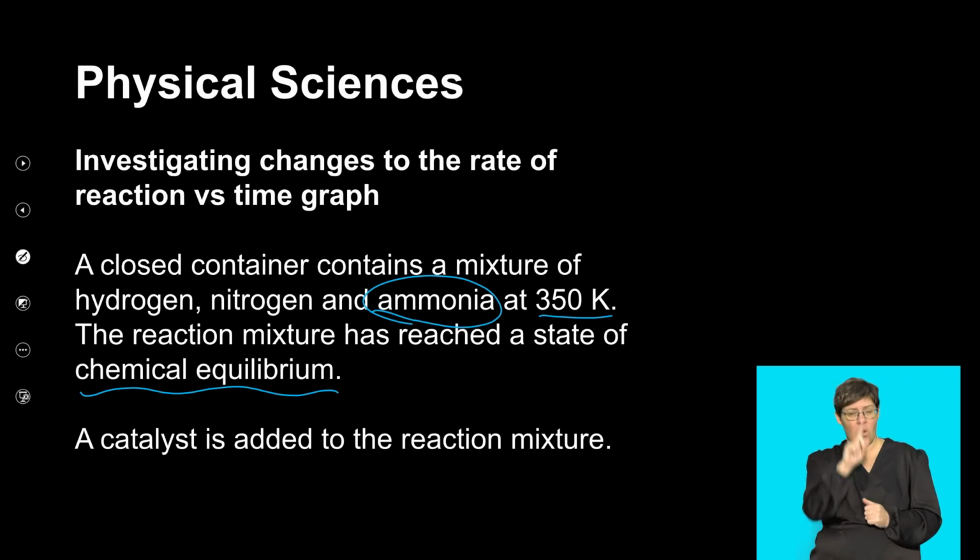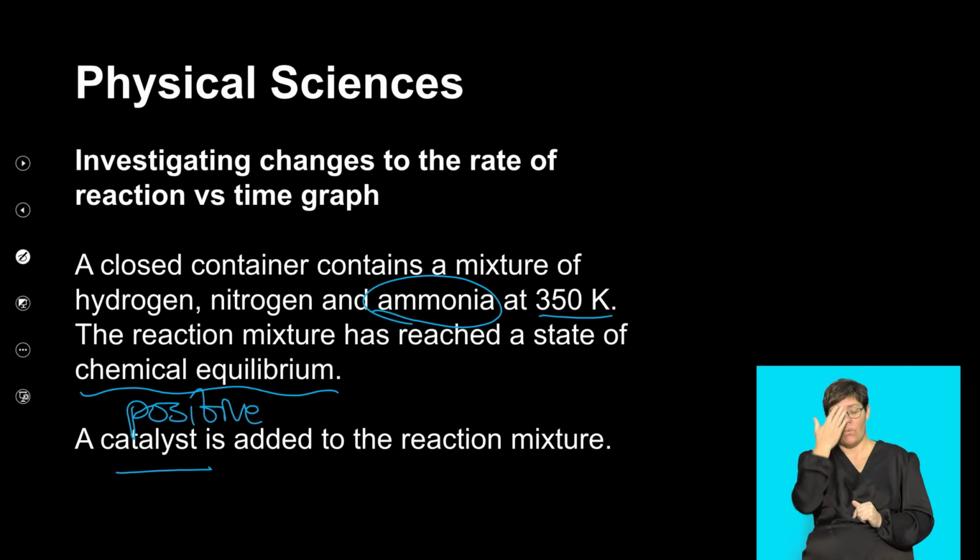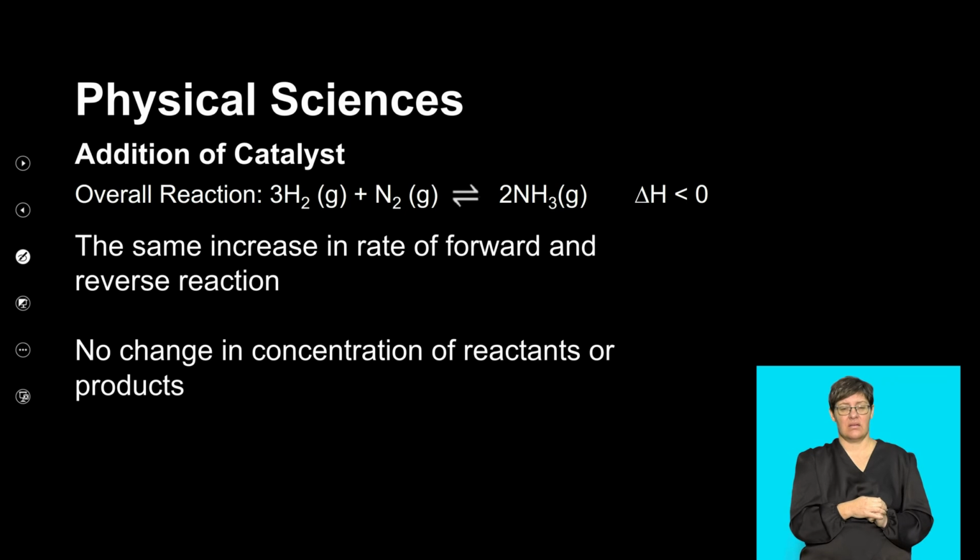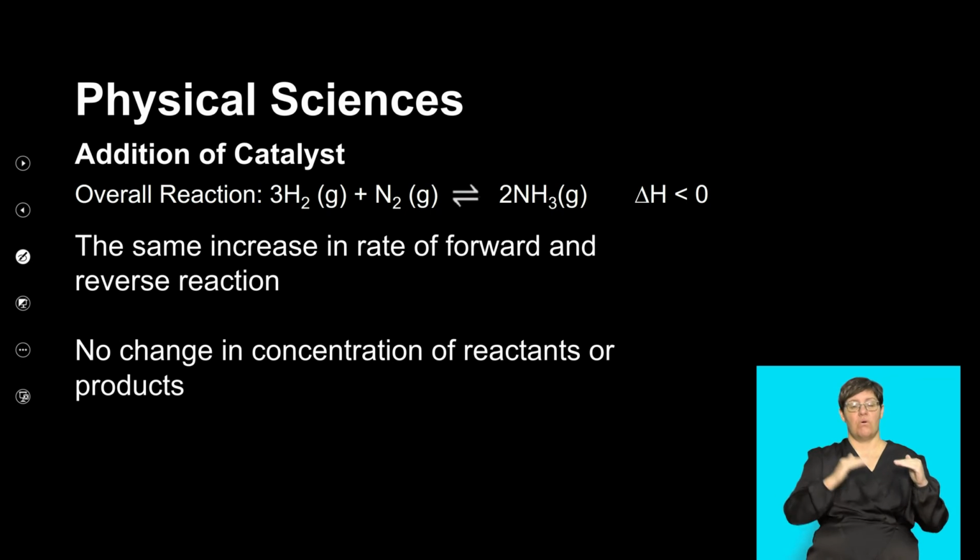The question here is, a catalyst is added to the reaction mixture. I just want to say it's a positive catalyst. We know that a catalyst is a substance that does not take part in the reaction, but it lowers the activation energy. So what will happen to the rate of the reaction?